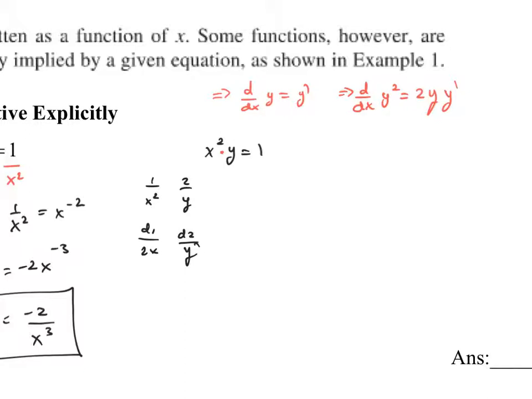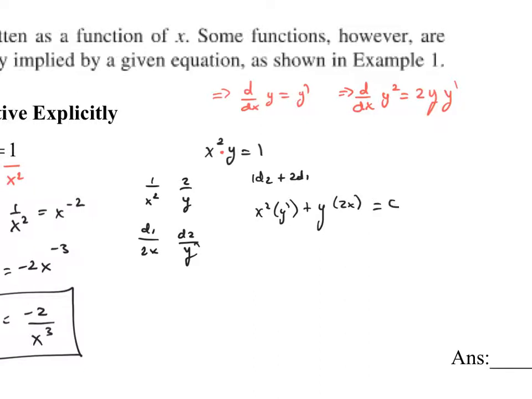It's really dy dx. So you would do 1 d2 plus 2 d1, right? So finding the derivative of the left-hand side, it would be x squared, the first, times y prime, the derivative of the second, plus the second, which is y, times the derivative of the first, which would be 2x.